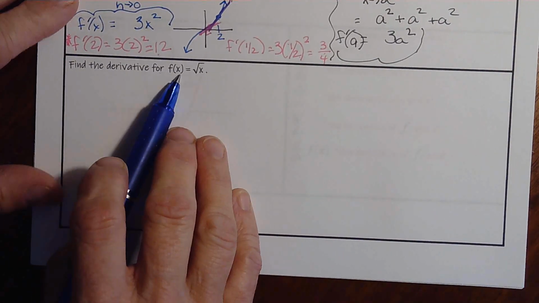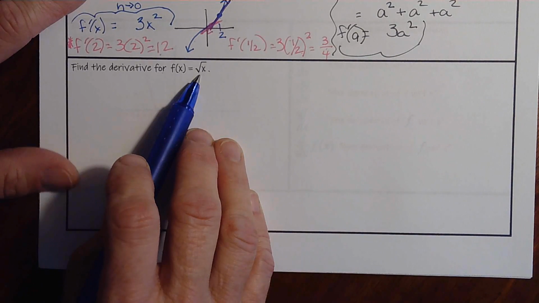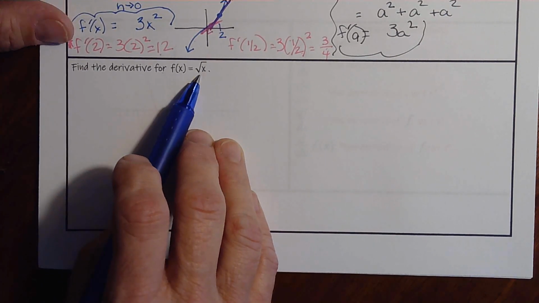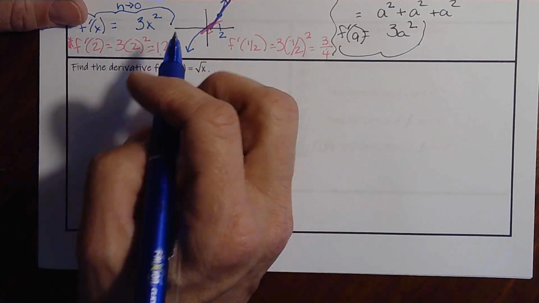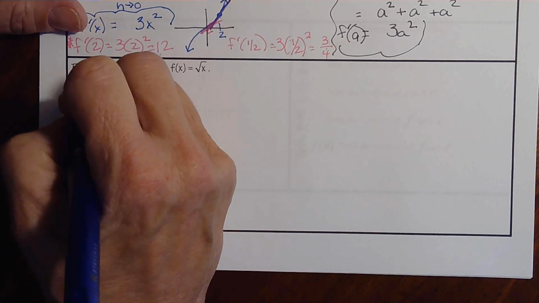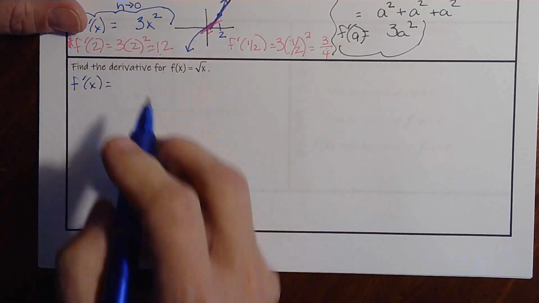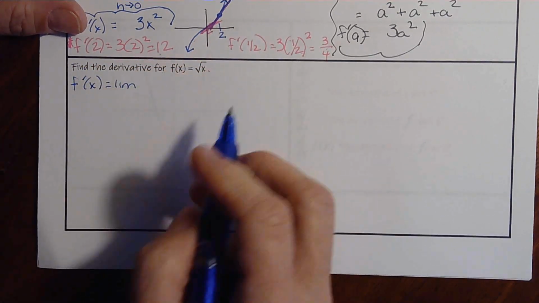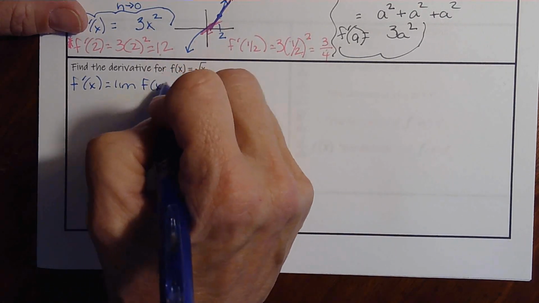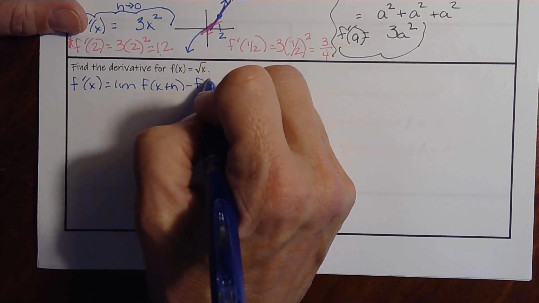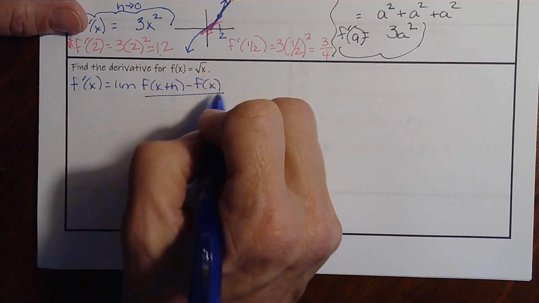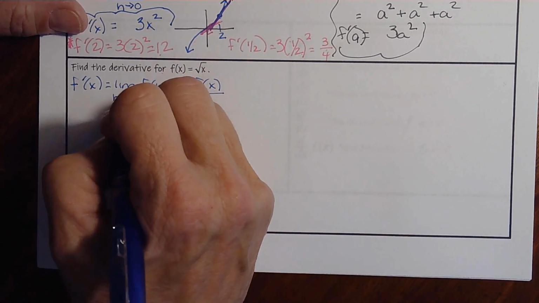So find the derivative for f of x equals the square root of x. Okay, I'm going to use the first definition again. And so f prime of x equals the limit of f of x plus h minus f of x all over h as h approaches 0.